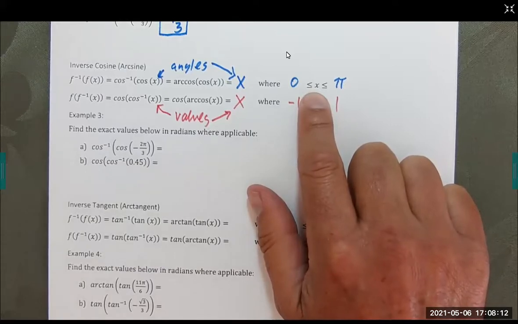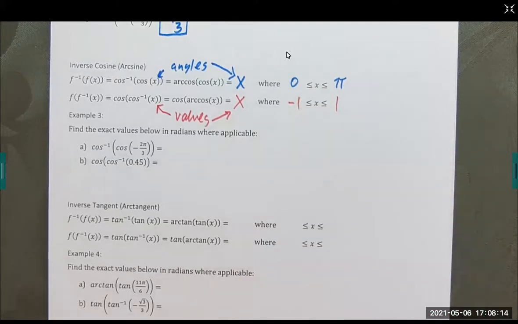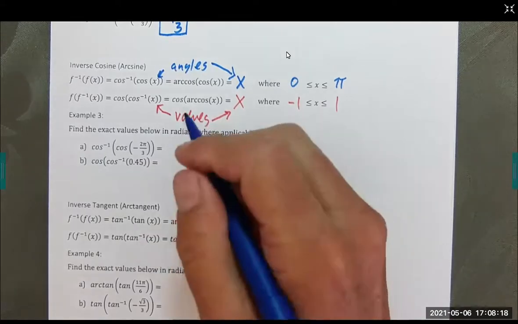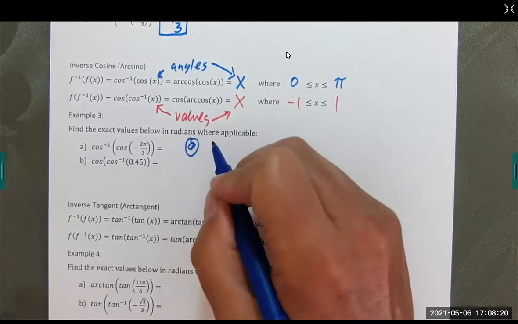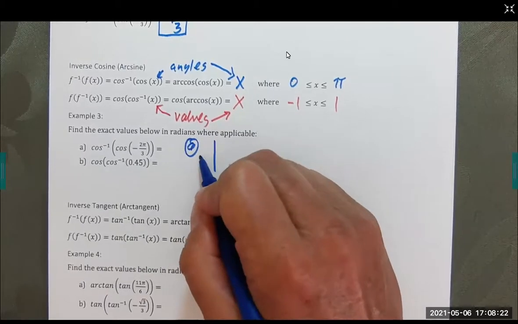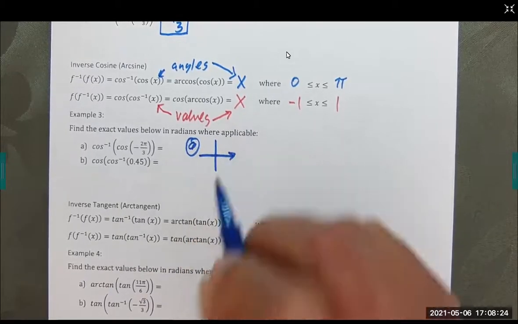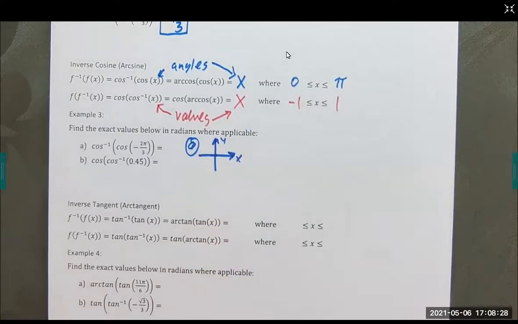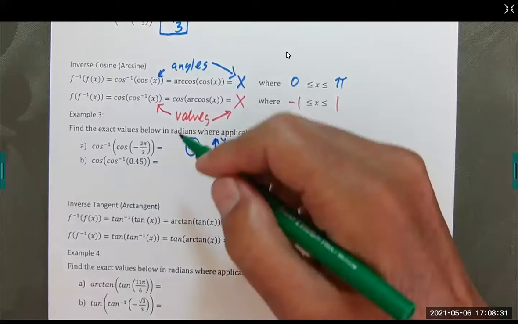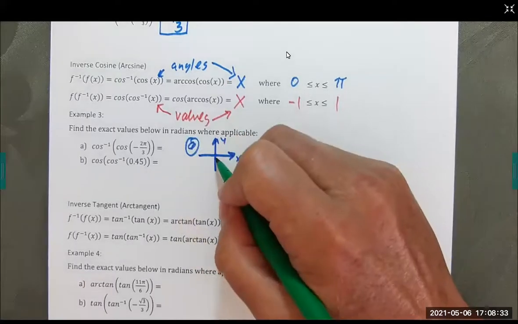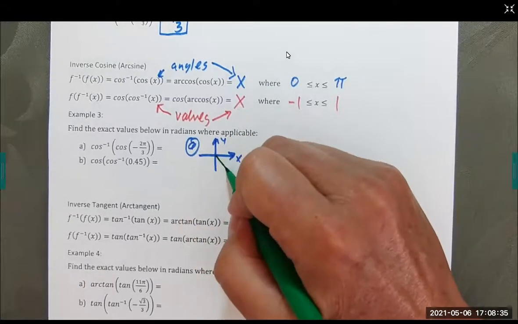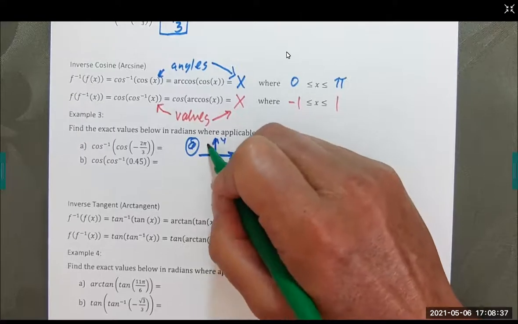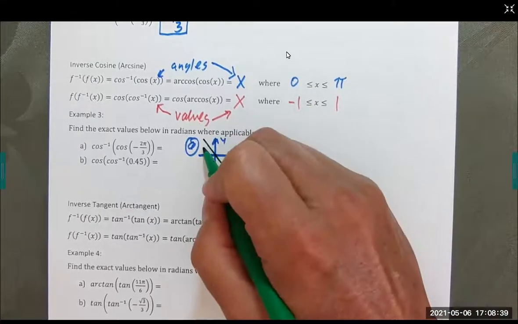What I can do though is realize, and let me draw this. So part A, let me draw this just real quick. That this angle here, negative 2 pi over 3, in quadrant 2 is regular 2 pi over 3.